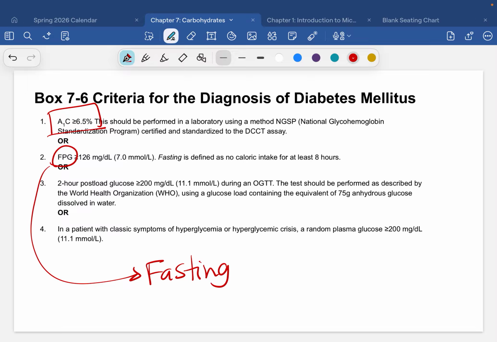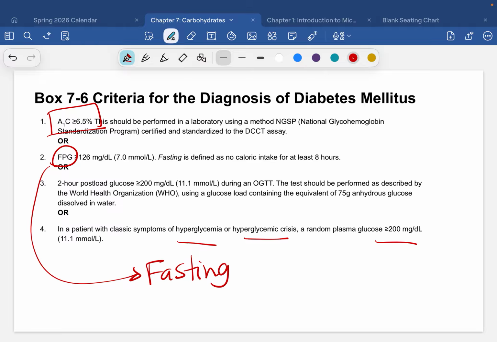or your 2-hour post-meal glucose. So if you've eaten and 2 hours later, your blood glucose is still over 200, or a patient with classic symptoms of hyperglycemia or a hyperglycemic crisis, and a random plasma glucose of over 200. So if I go into the doctor and it's a random glucose, I've eaten at some point during the day.